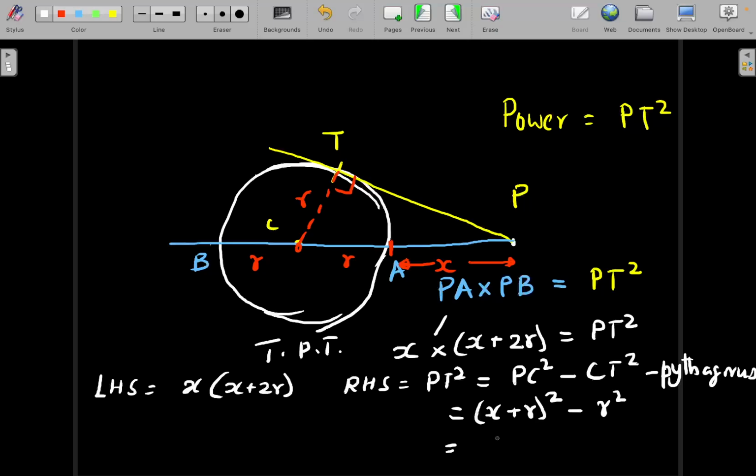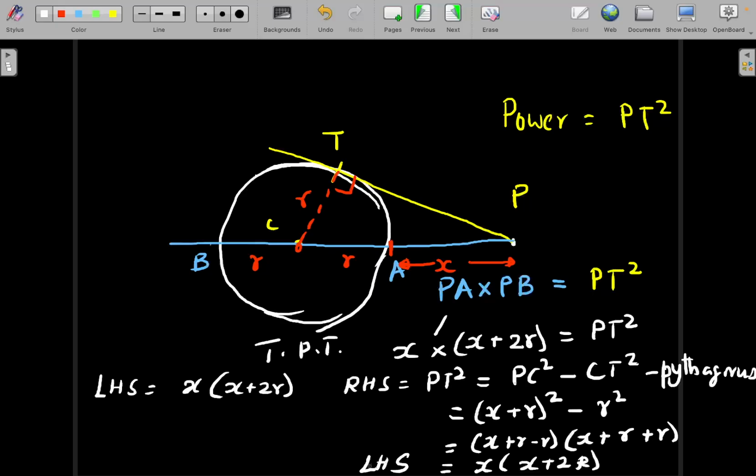Now this is equal to a square minus b square, that is x plus r minus r into x plus r plus r, that is a plus b into a minus b, and that is equal to x into x plus 2r, and that is equal to LHS.